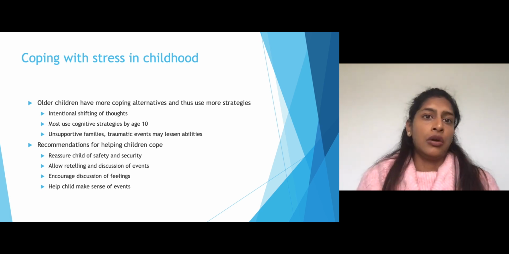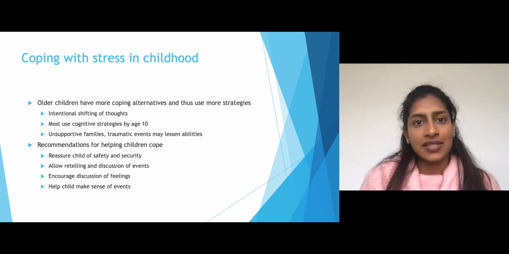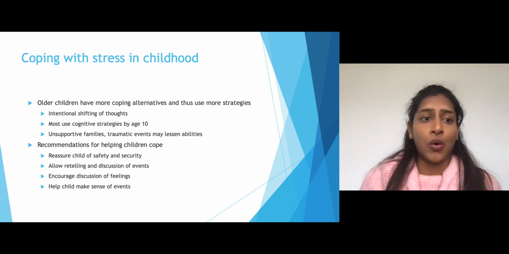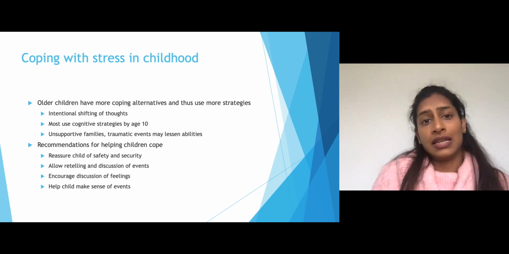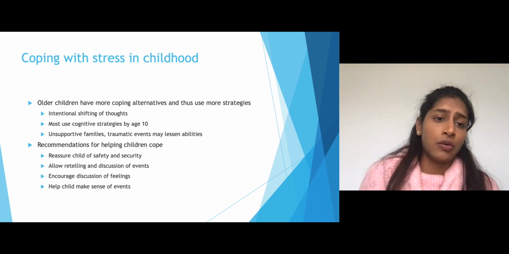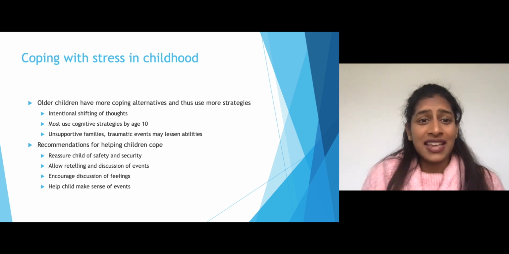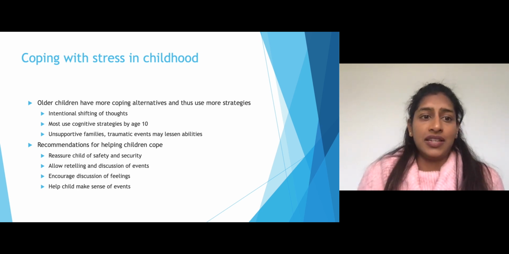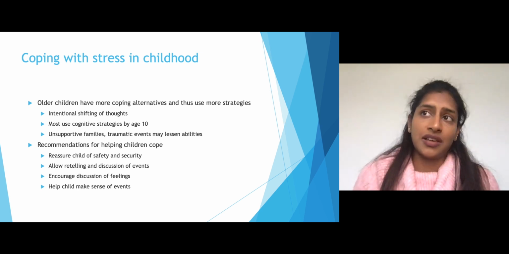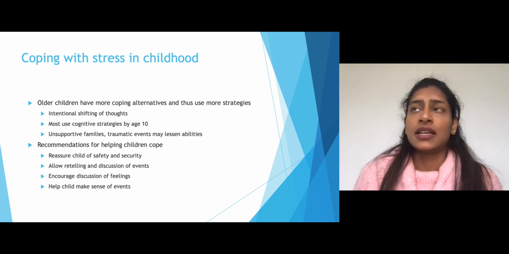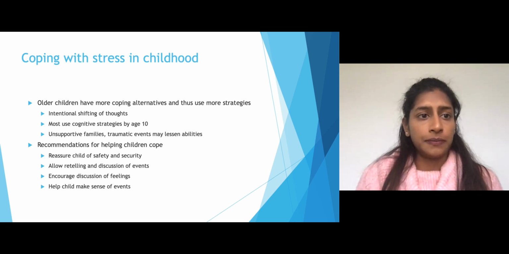However, our family context plays a role here. Our environment plays a role here. So, typically not having very supportive families or experiencing some extremely traumatic event can lessen our abilities in this emotional regulation, or these cognitive strategies to help us with that emotion.